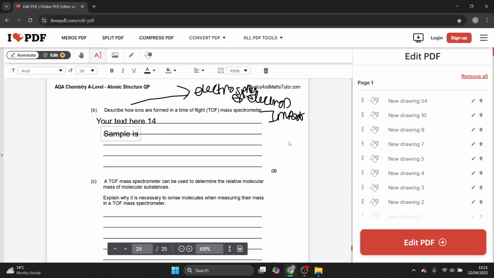So the sample is vaporized and an electron gun is used to fire high energy electrons, knocking one electron off each particle, hence becoming +1 ions.